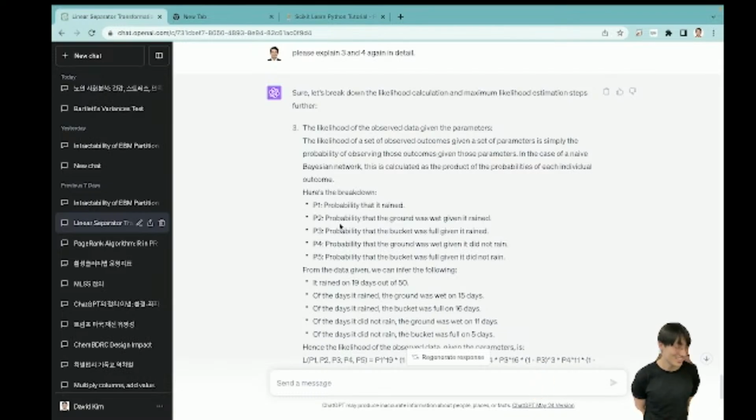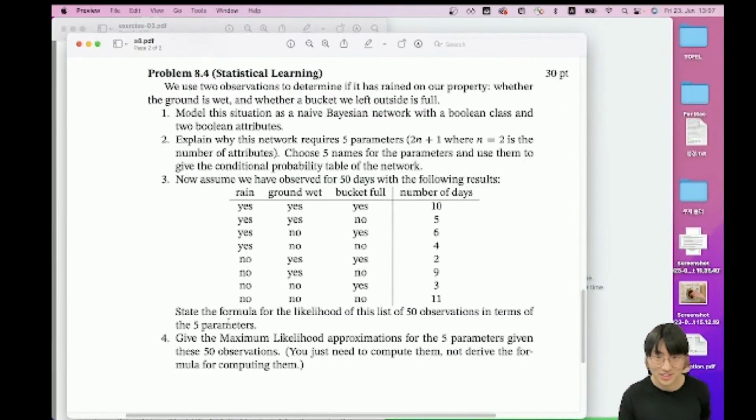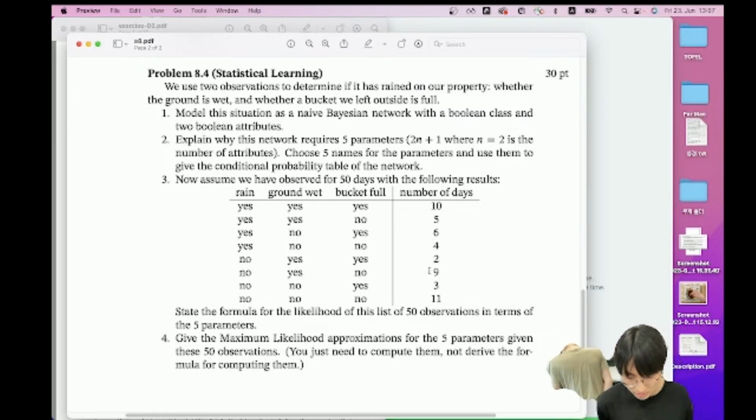Yeah, you were asking about likelihood. So we are in this question. What is the likelihood of this list of 50 observations in terms of the 5 parameters? Like the candy example. So when you put it, it's like theta of cherry times 1 minus theta of lime, multiplied by theta 1 of red wrapper given cherry, multiplied by 1 minus theta 1 of green wrapper, something like this.